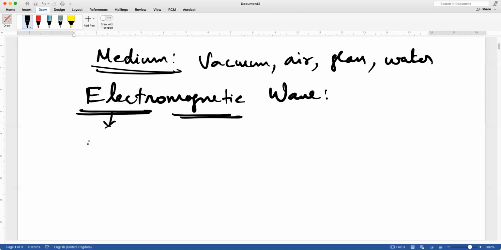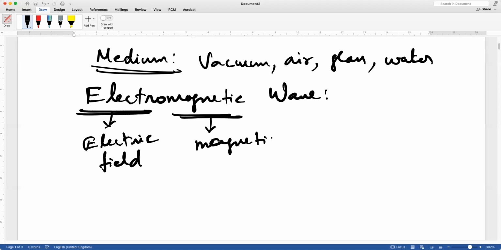You remember we studied about the electric field a long time ago. And there is a magnetic field.